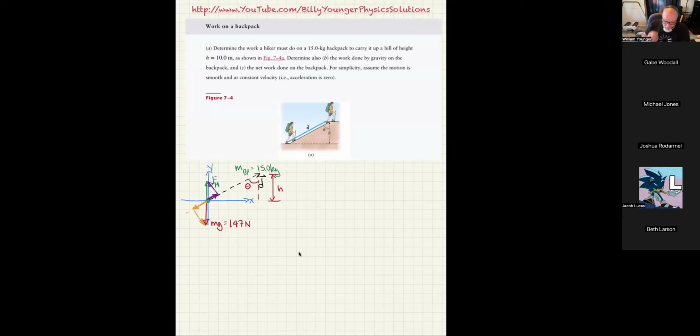So let me go ahead and show you right now in terms of the angle theta. We can see that theta is the angle between the D vector and vertical, and then that means the angle between the blue x-axis and the black line, this angle right here, that's got to be 90 minus theta because this makes a right triangle.